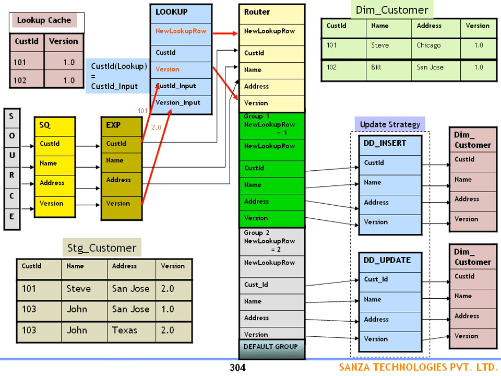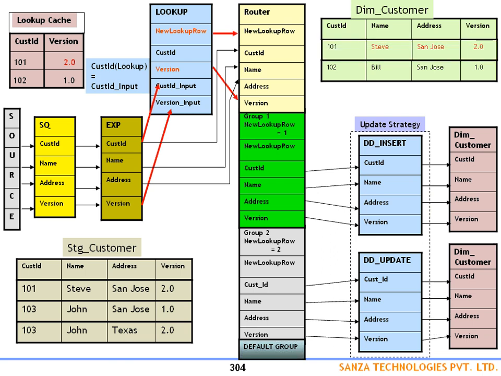There is a change. Condition is true, 101 is equal to 101, but version 2.0 and version 1.0, there is a change. So it will go and update the cache and it will return new lookup row equal to 2. How to do it, I'll show you in a few minutes.